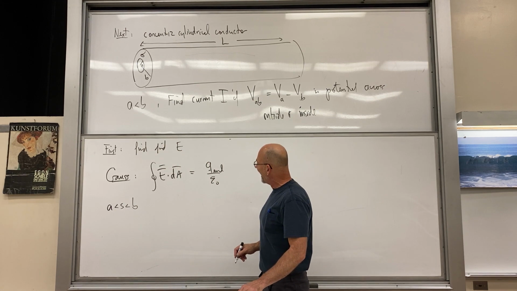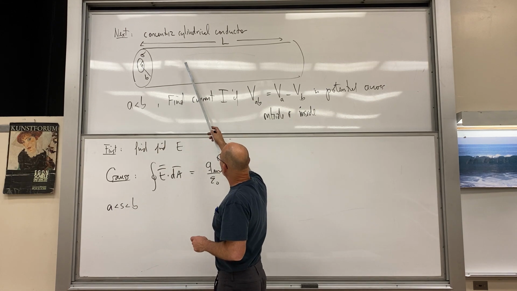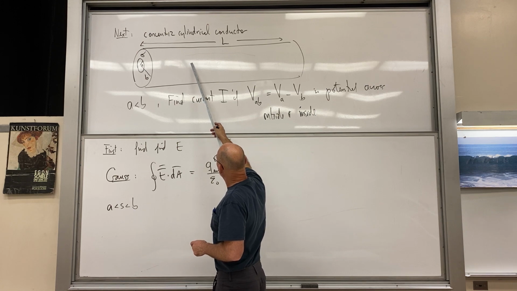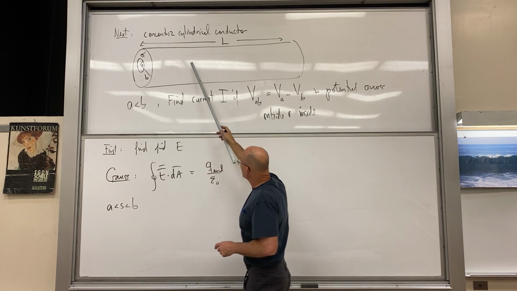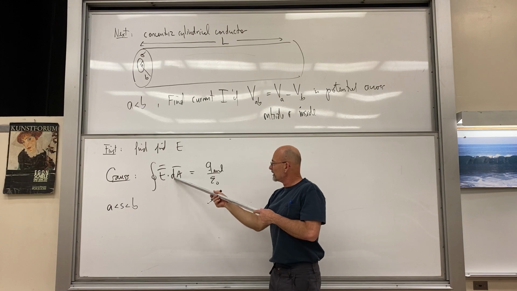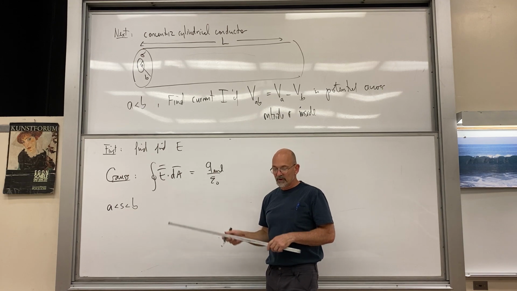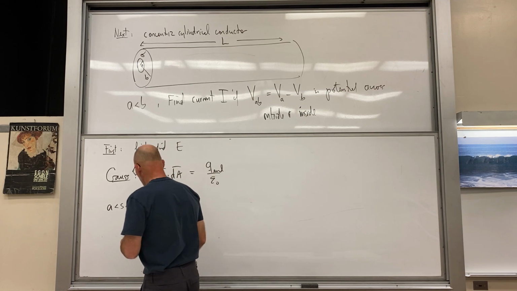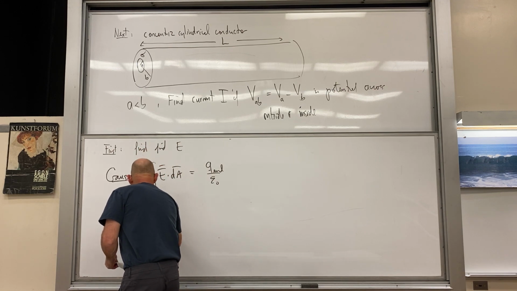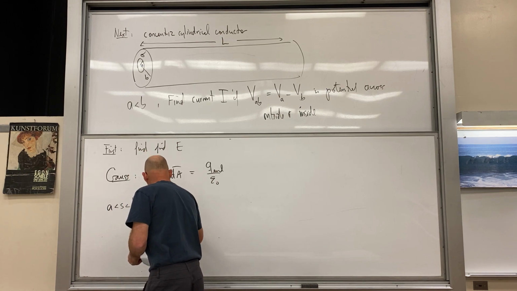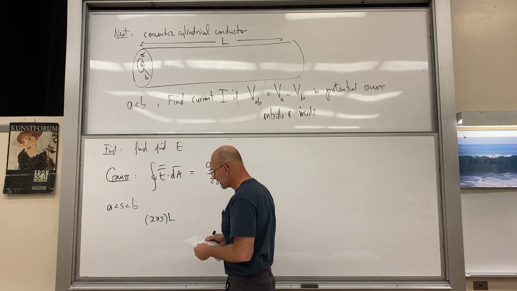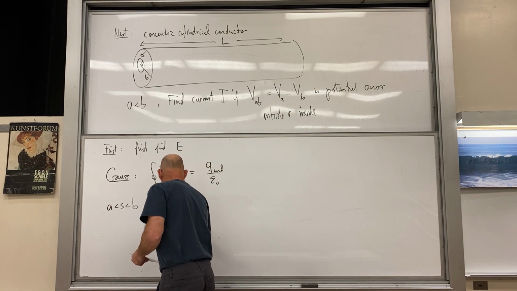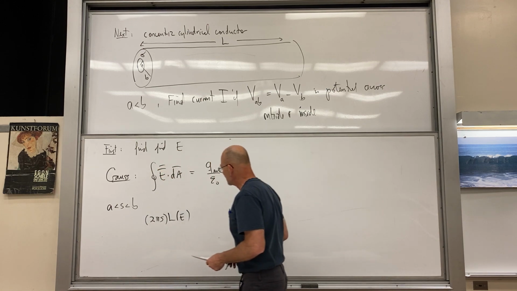And then the area element is the surface area of that, and also the surface normal directed outward. So these can be trivially dealt with, and right underneath here I'll write 2 pi S times L, that gives us an area, times E. Okay.